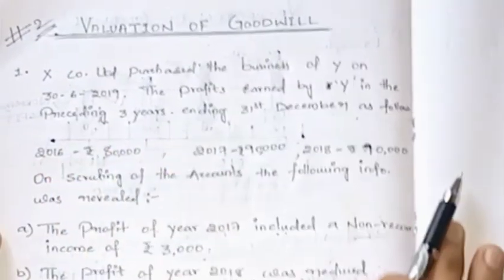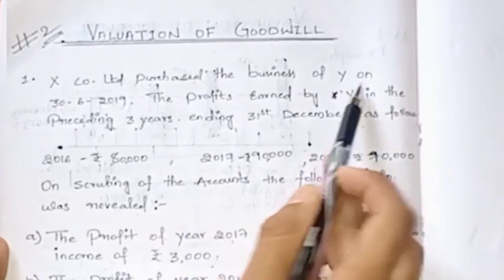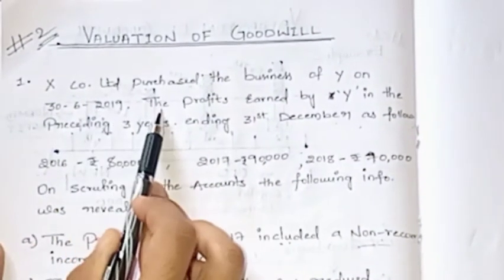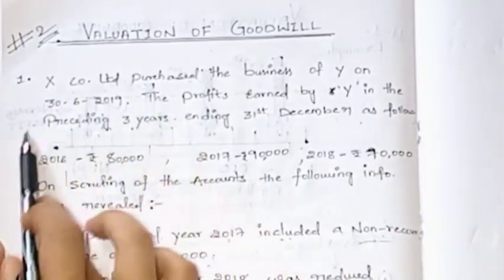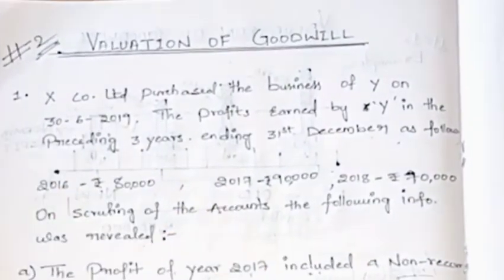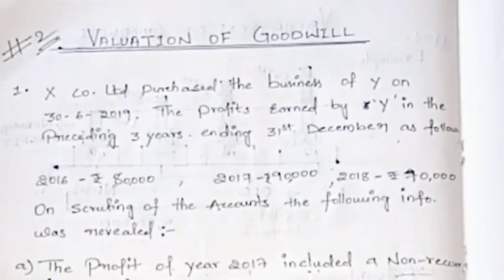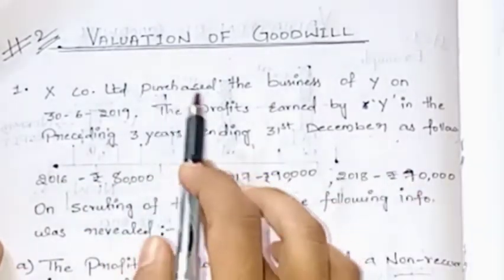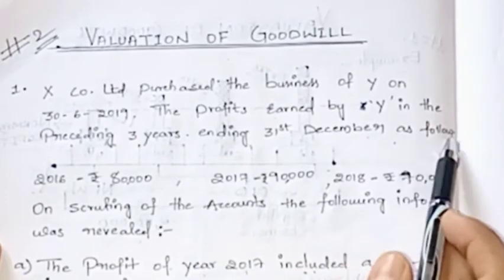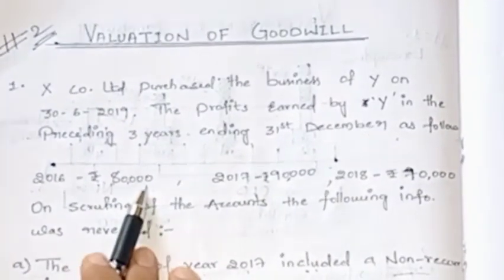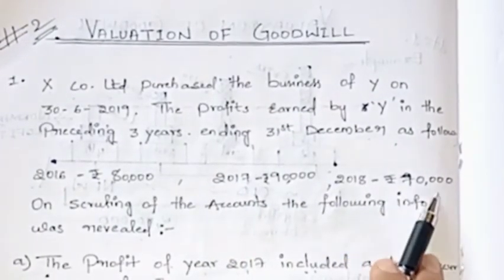See, X Company Limited purchased the business of Y on 30/6/2019, and the profit earned by Y in the preceding 3 years. Preceding 3 years means the past 3 years. They have given the profits of the preceding 3 years ending 31st December as follows. 2016 profit is 80,000, 2017 profit is 90,000, and 2018 is 70,000.